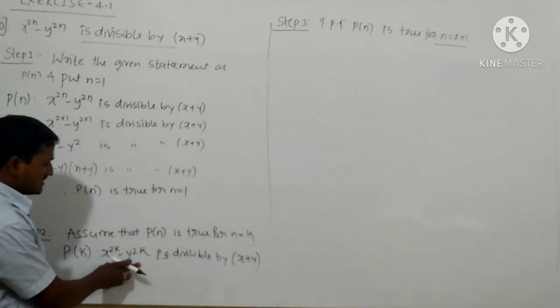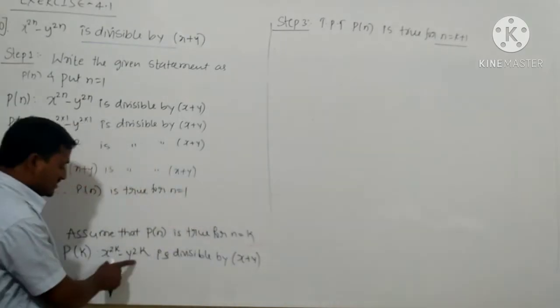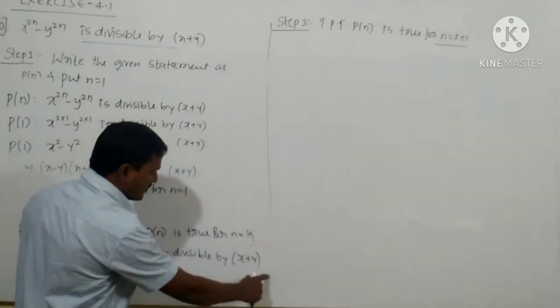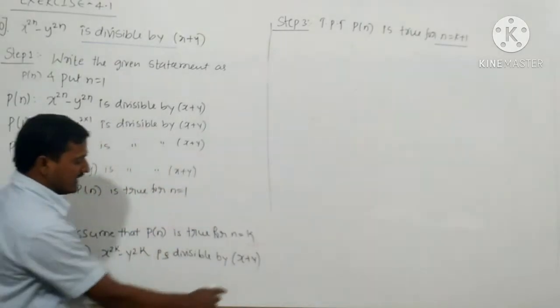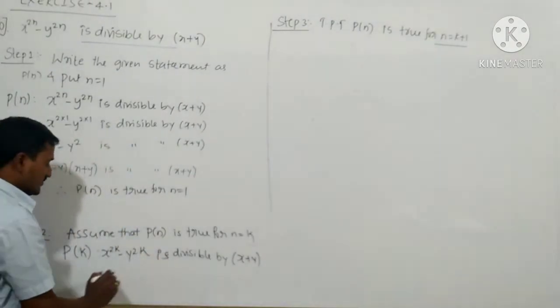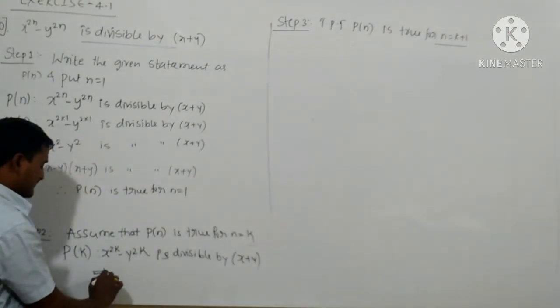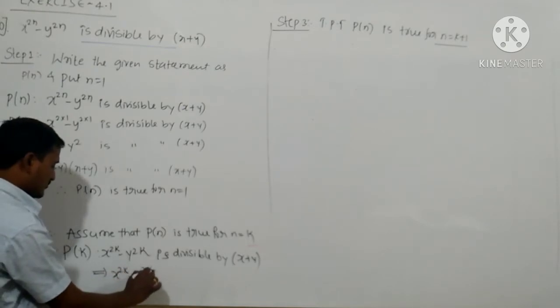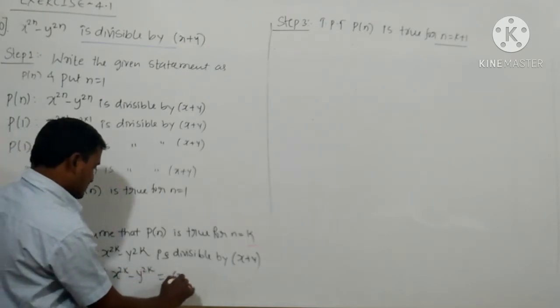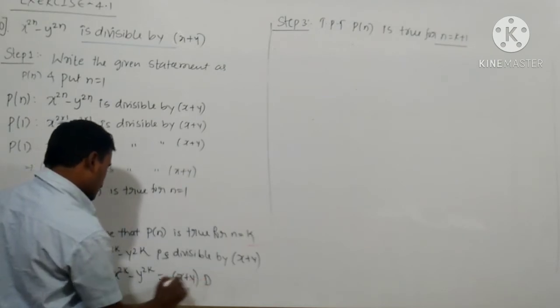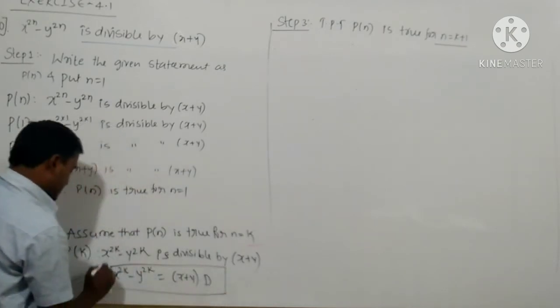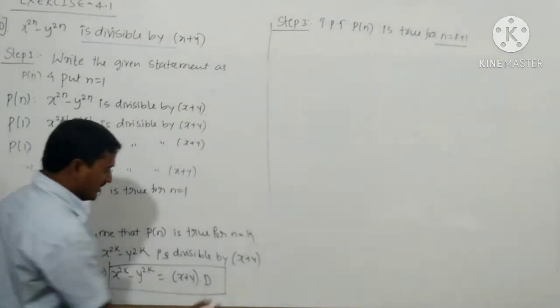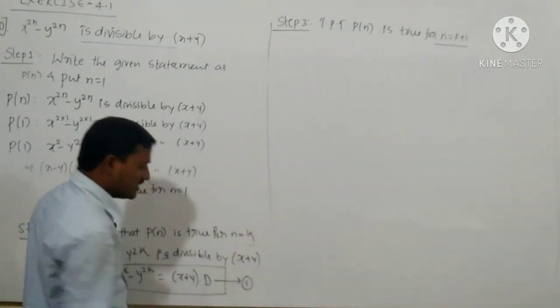If this term is divisible by this term, it means this term can be expressed as a product or multiple of this term. Okay, so therefore we will write like this: x to the power 2k minus y to the power 2k equals x plus y into d. In the place of q, here I have taken d. Call this as equation number 1.